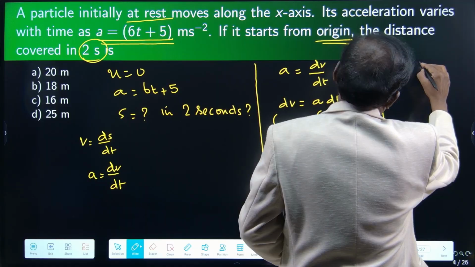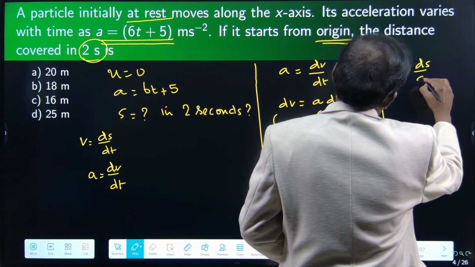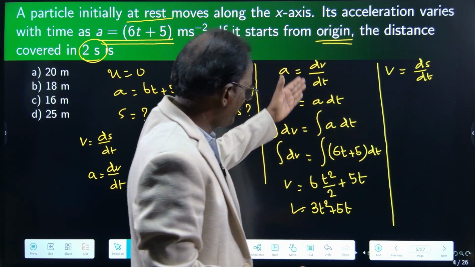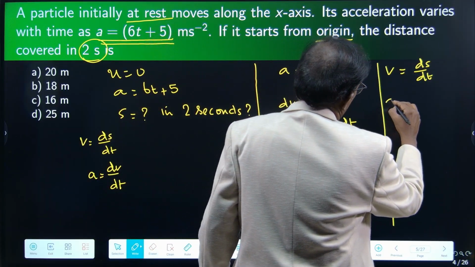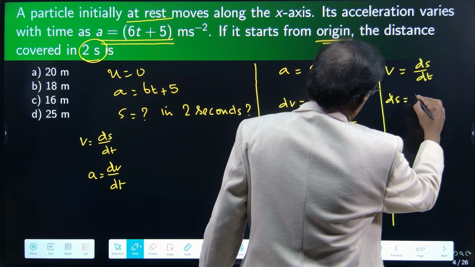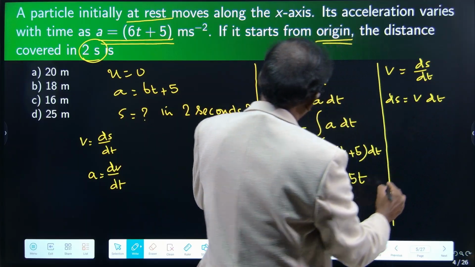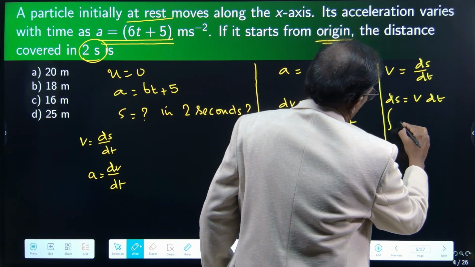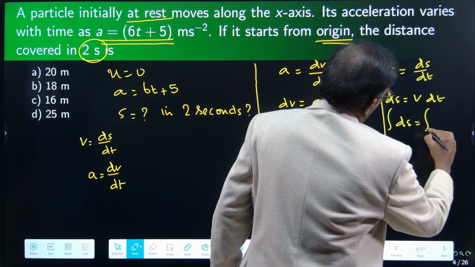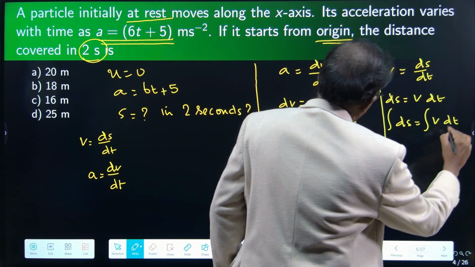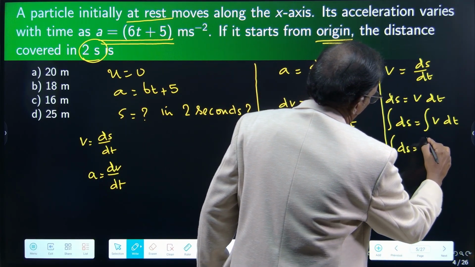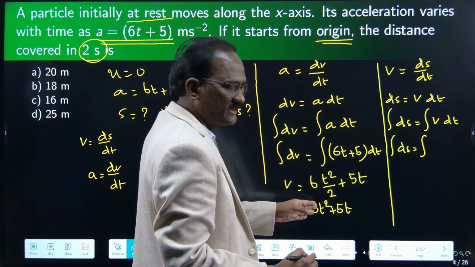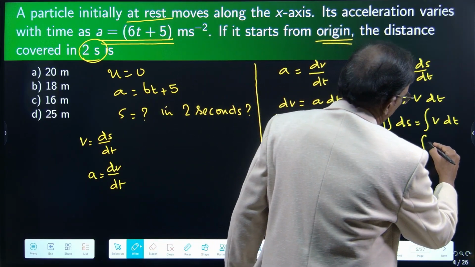Like this, we will write v is equal to ds by dt. Similar steps, right? Cross multiply. ds is equal to v into dt. Then integrate. ds is equal to integral of v dt. Then put the value for v, it is 3t square plus 5t.